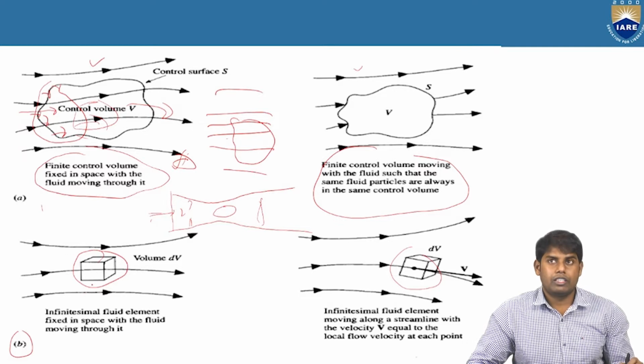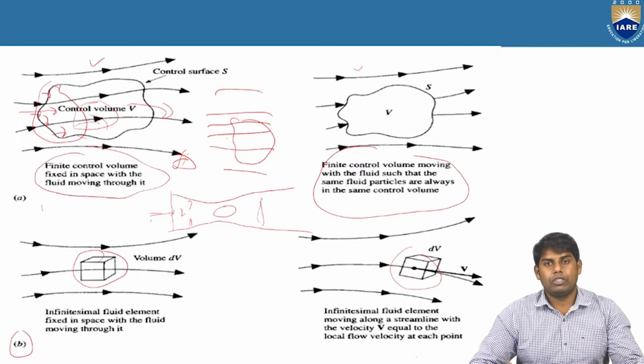If this fluid element is fixed in space, then the equations you derive are the conservative form, but in differential form. And if the fluid element is moving with the flow, then you are deriving a non-conservative form, and they are differential equations. So these are the approaches for how we derive equations for fluid flow analysis.